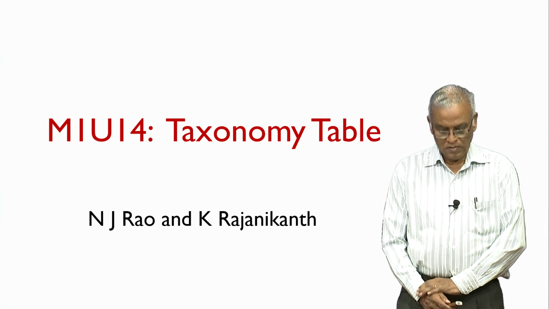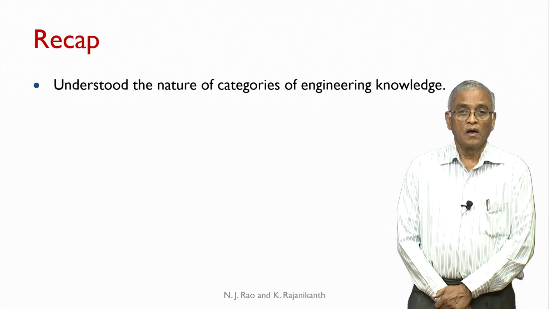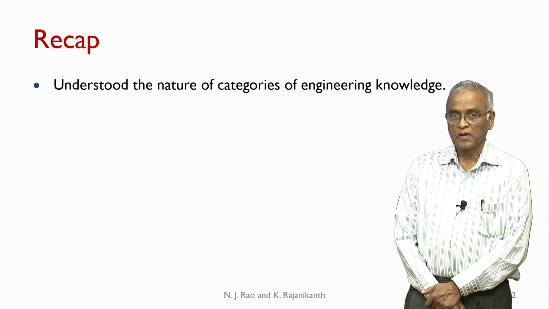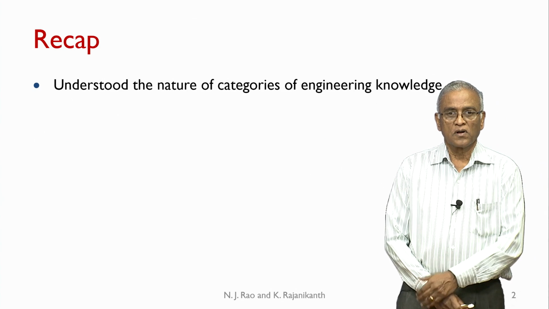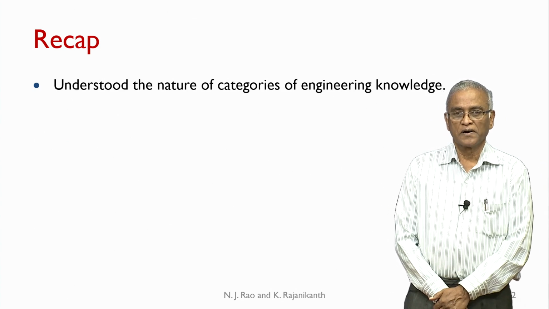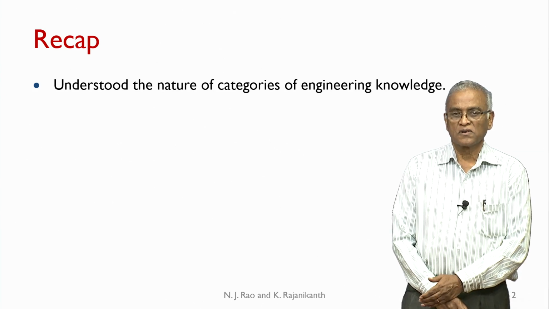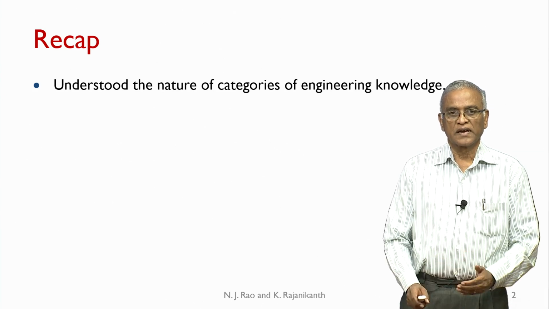In the previous unit, we understood the nature of categories of engineering knowledge, and prior to that we also looked at the categories of knowledge which fall under the general category.